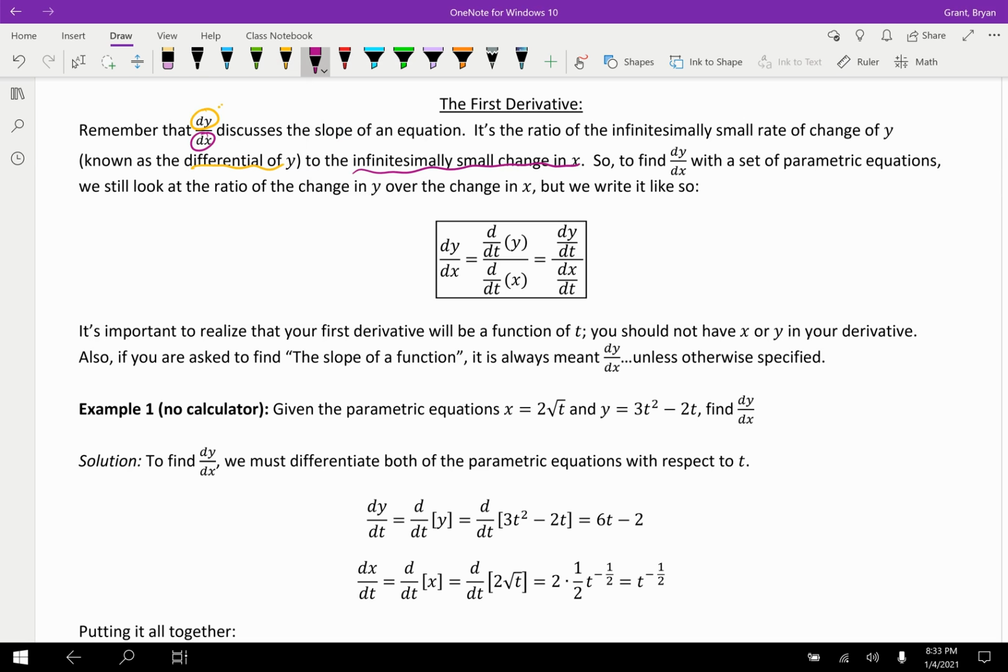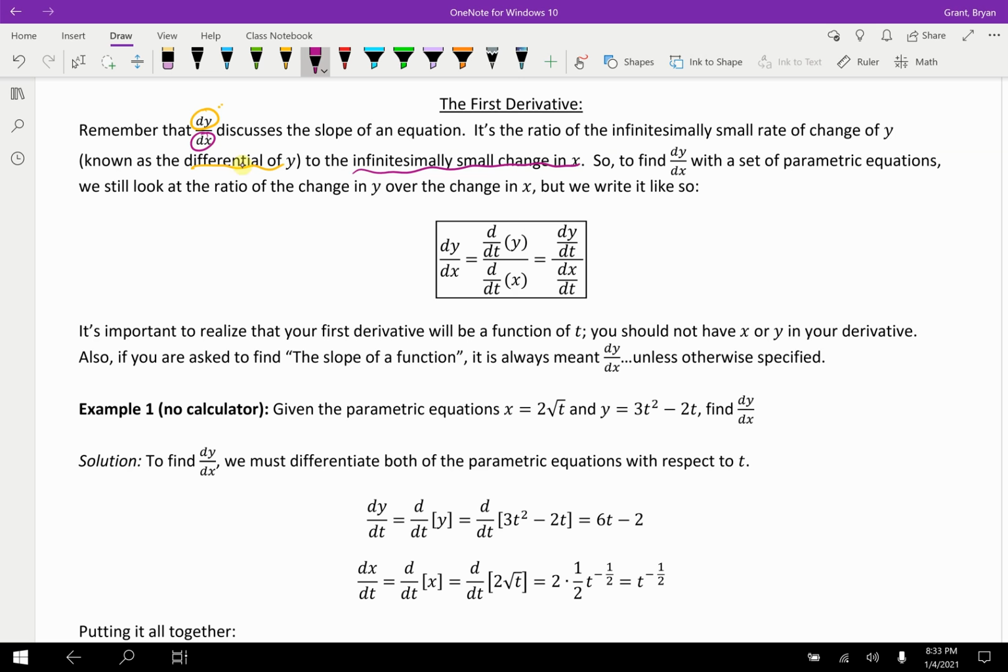So to find this with a set of parametric equations, we're still going to look at the ratio of the change of y over the change of x, but because our equation is defined with regard to t, we take the y component and see how that component changes, but not with respect to x.